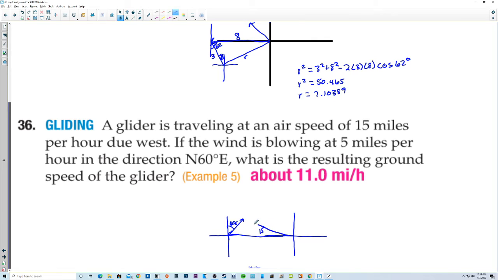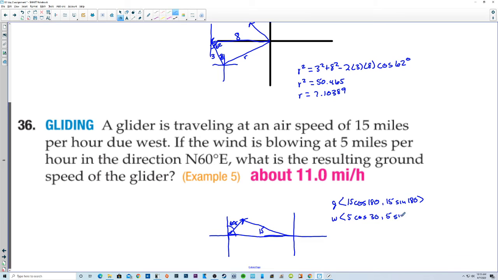So this is going to be the resulting path right here. So the glider's path, not the resulting path, but the direction it's headed, trying to head anyway, is 15 cosine of 180 and 15 sine of 180. The wind is 5 cosine, but now we don't want the quadrant angle, we want the unit circle angle. That's 30 degrees.